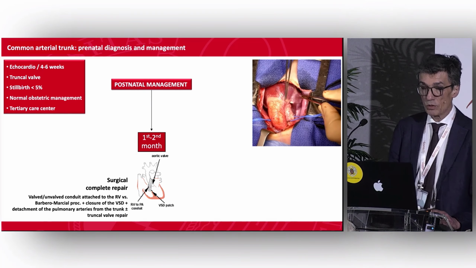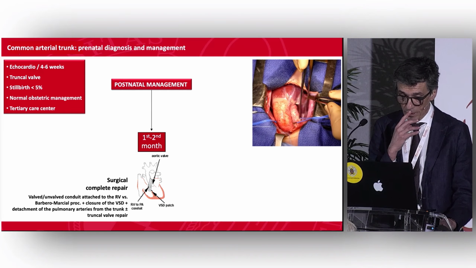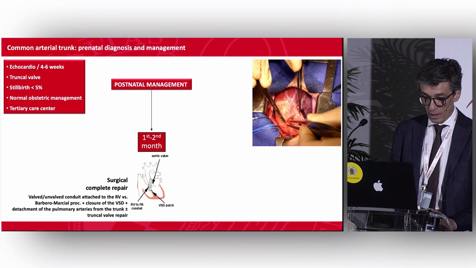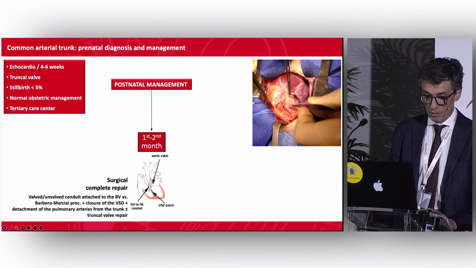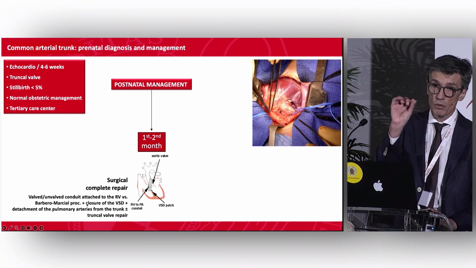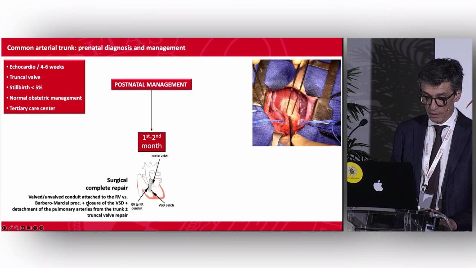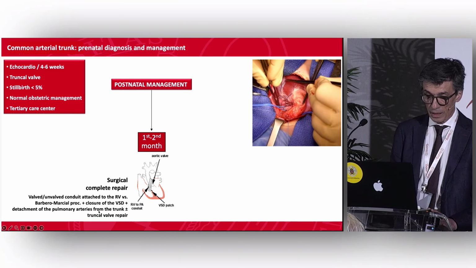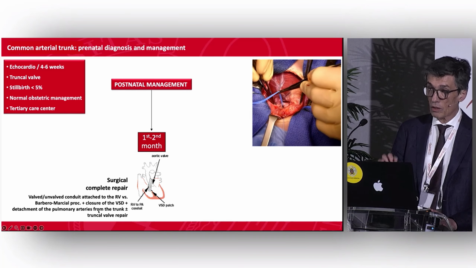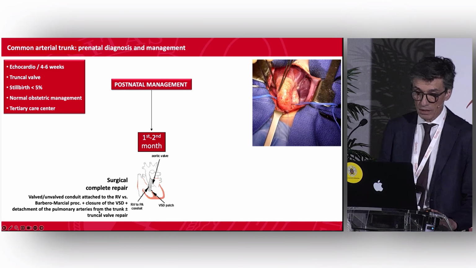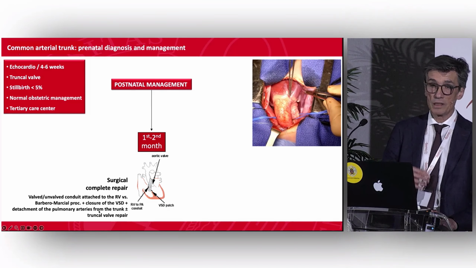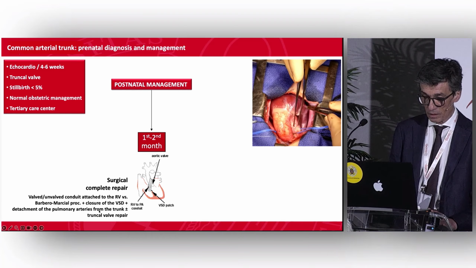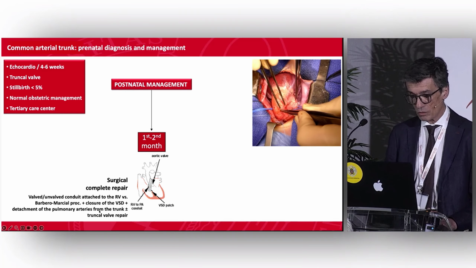Usually, they undergo surgery in the first 2 months of life, where a complete surgical repair is made. Sometimes, when the pulmonary artery arises very close to the truncal valve, the surgeon can directly connect the pulmonary artery with the right ventricle, and therefore it is not necessary to use a conduit between them. So the baby will not need an additional procedure to replace the conduit.